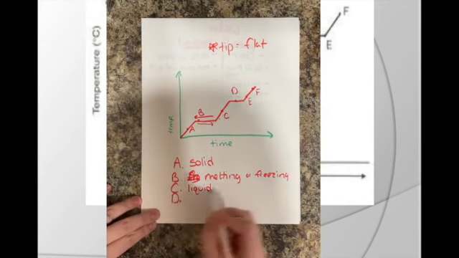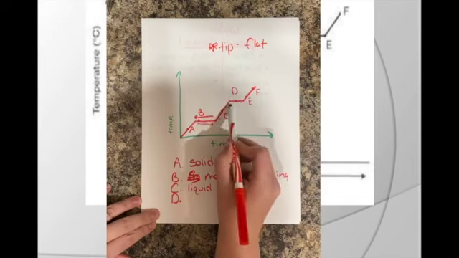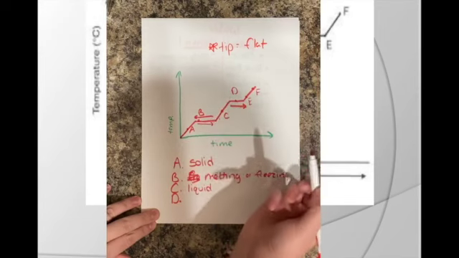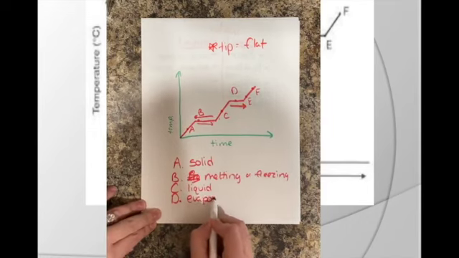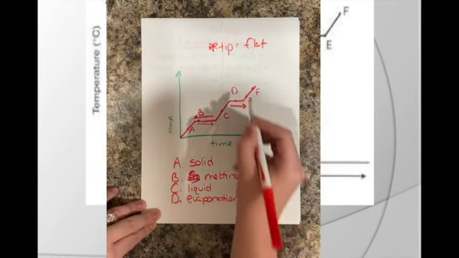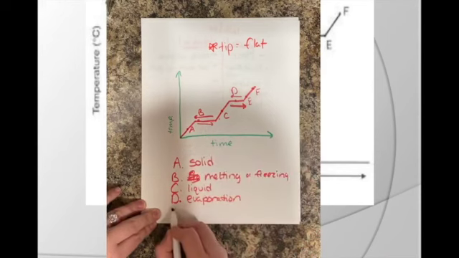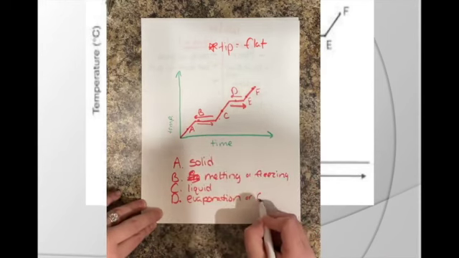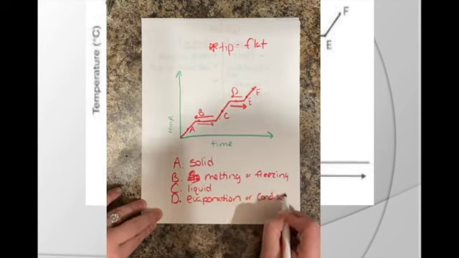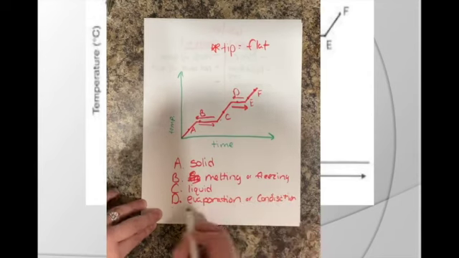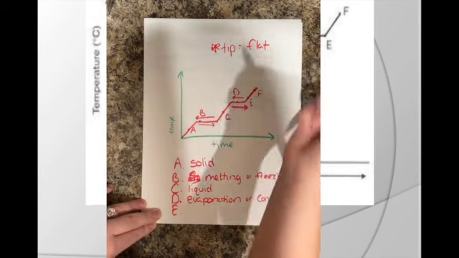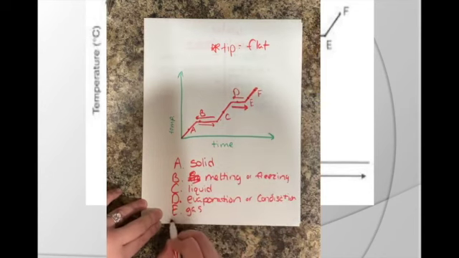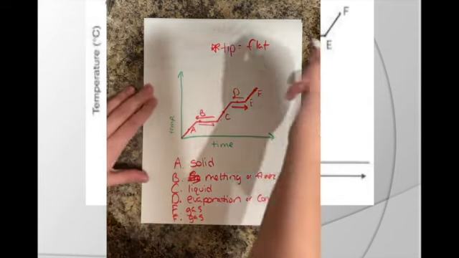If something goes from a liquid to a gas, that would be evaporation. And the opposite of evaporation is condensation. And then E is that last phase, which would be gas, which I had up here as well. So if you wanted to keep that, you could as gas.